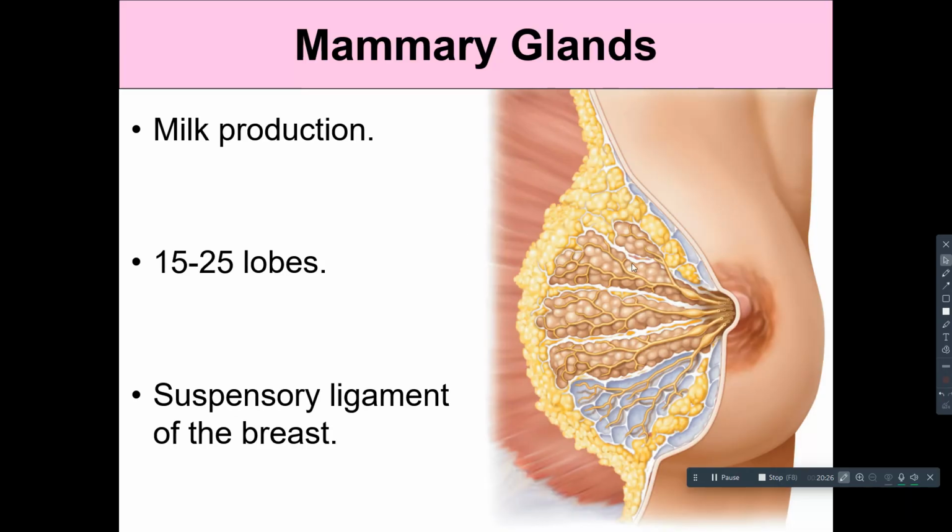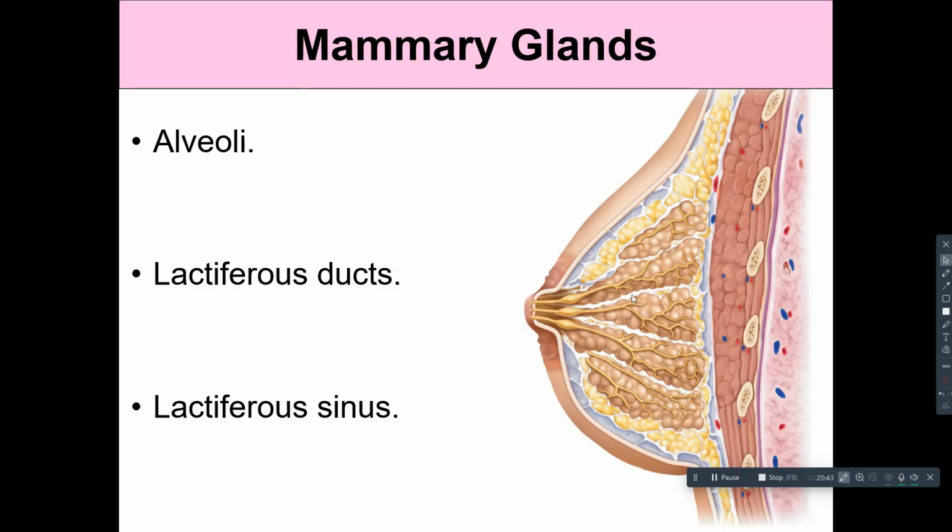The mammary glands consist of 15 to 25 lobes, and I see some different lobes here. The lobes are within adipose tissue as well as connective tissue. The connective tissue is called the suspensory ligament of the breast. Now, the lobes of the mammary glands contain alveoli, which are the roundest structures here.